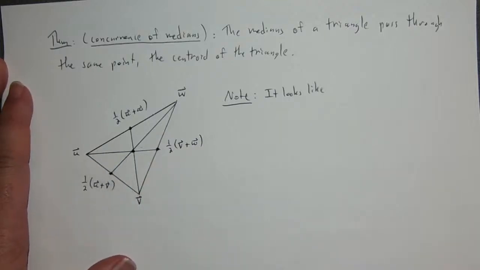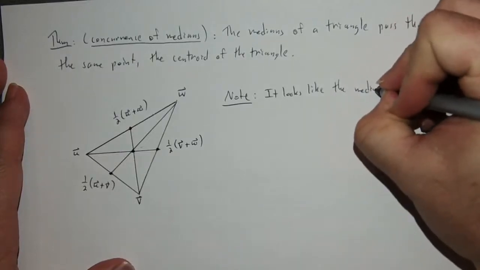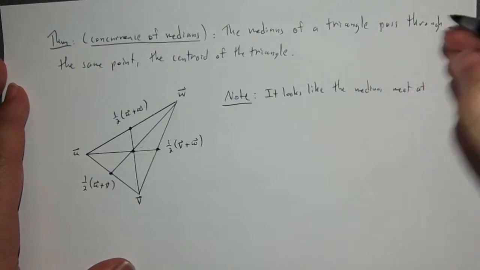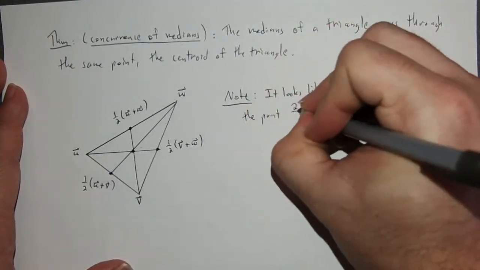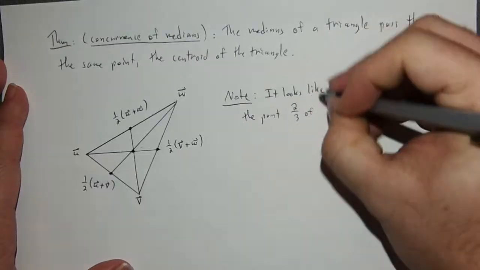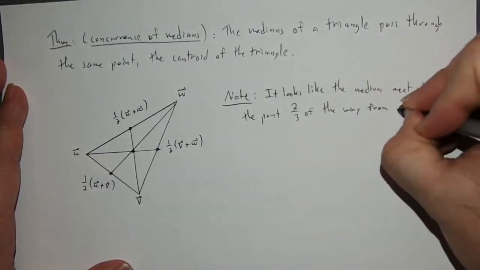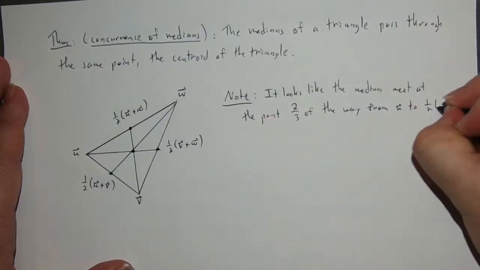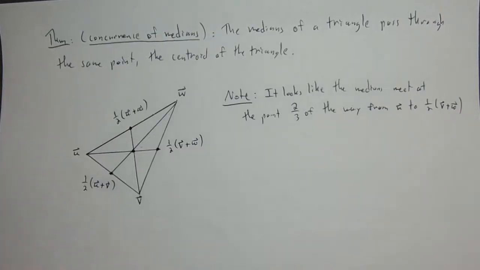Okay, so it looks like the medians meet at the point 2/3 of the way from U to 1/2 V plus W. Okay, it just looks like that when I draw this picture.